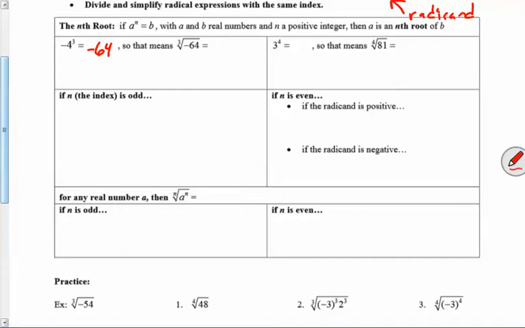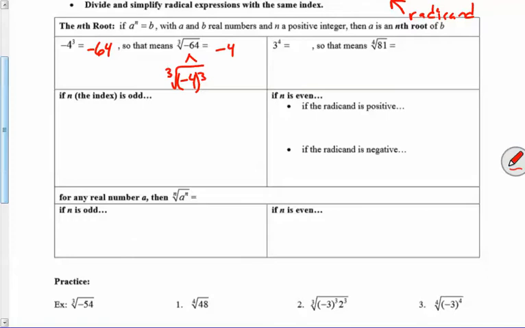So the third root of negative 64 would be negative 4, because you could rewrite that as the third root of negative 4 to the third power. Really, understand that roots with higher indexes just undo larger exponents. So the third root undoes the third power, or a cube root undoes a cube.